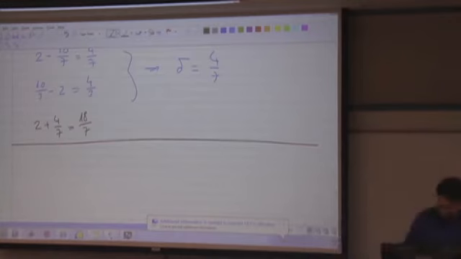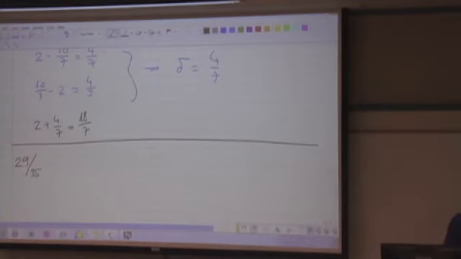So let's look at, I don't know, 29. We have the limit as x goes to 1 of 2x plus 3 is equal to 5.